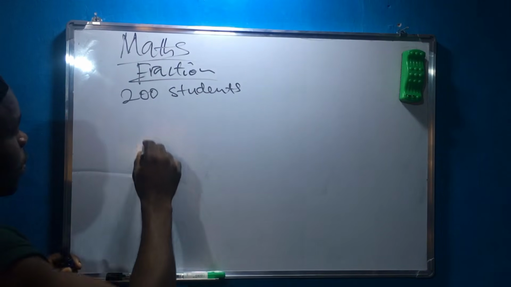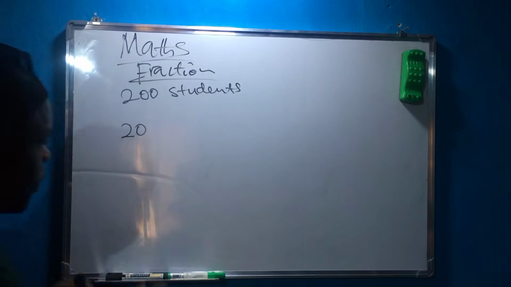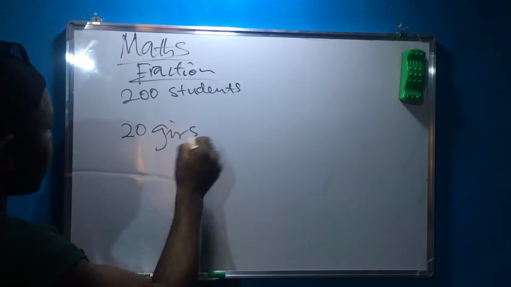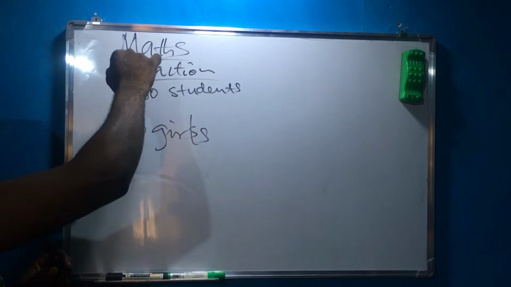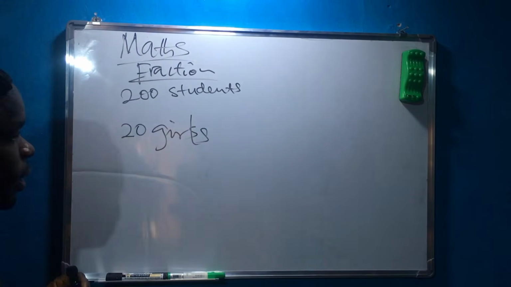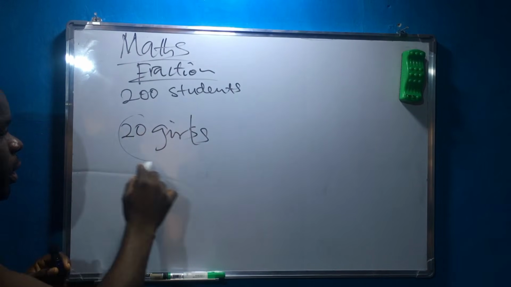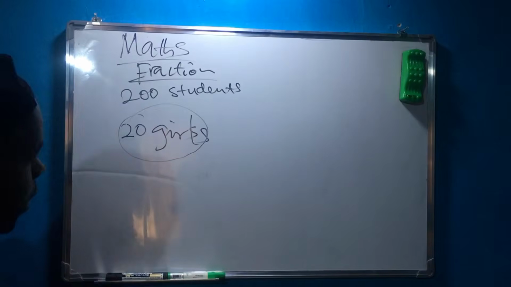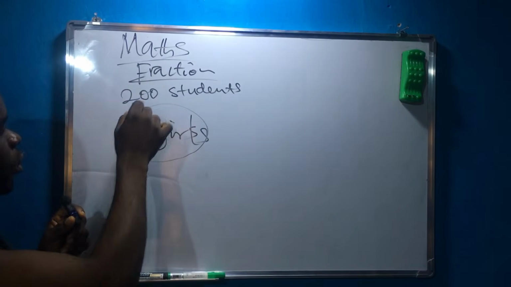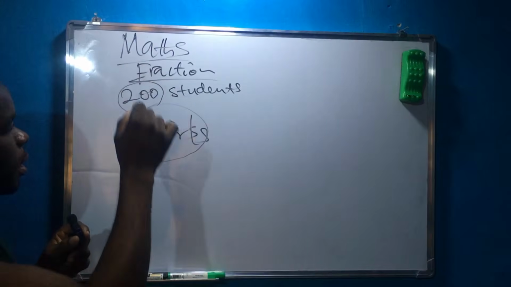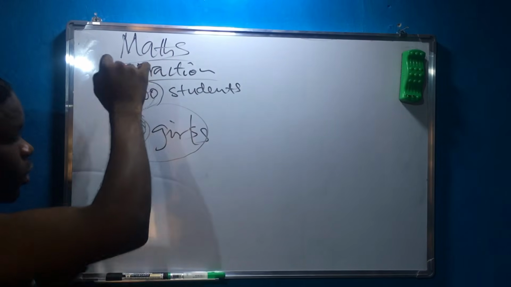Assuming the number of girls is, say, 20 girls, then it means you have 20 girls out of these 200 students. The total students is 200, and out of these 200 you have 20 to be girls. Because of this, 20 is part of this 200, while this 200 is the whole number, the whole student.